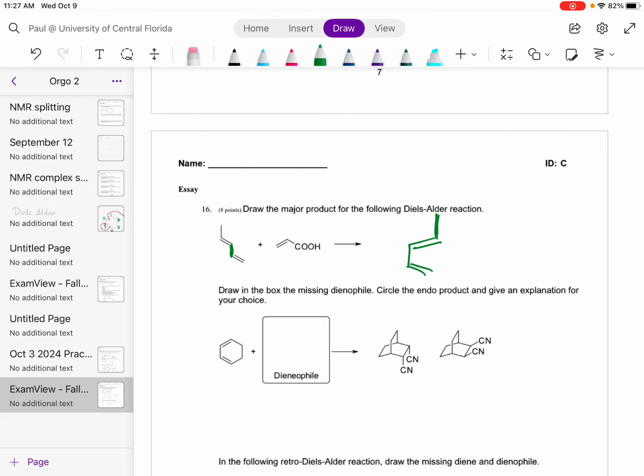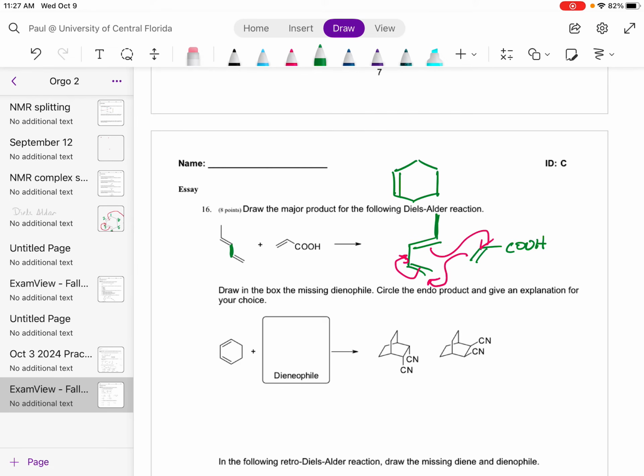And then we will react that with our dienophile in the mechanism that we are so used to seeing. Just like that. That will give us a 6-membered ring, like this. Double bond there.